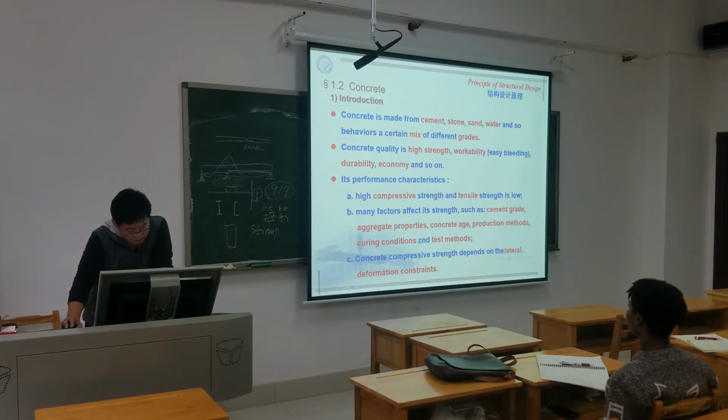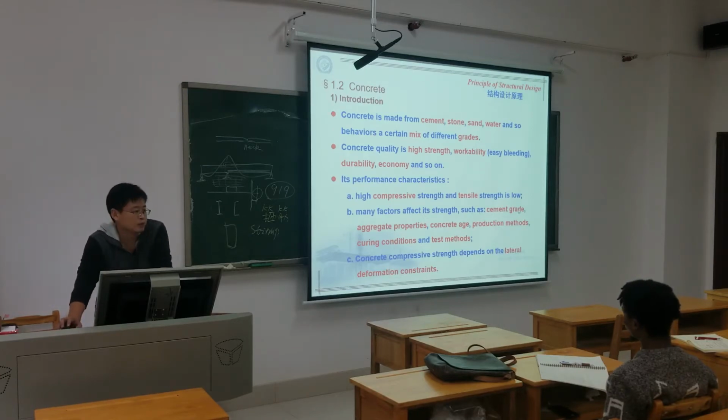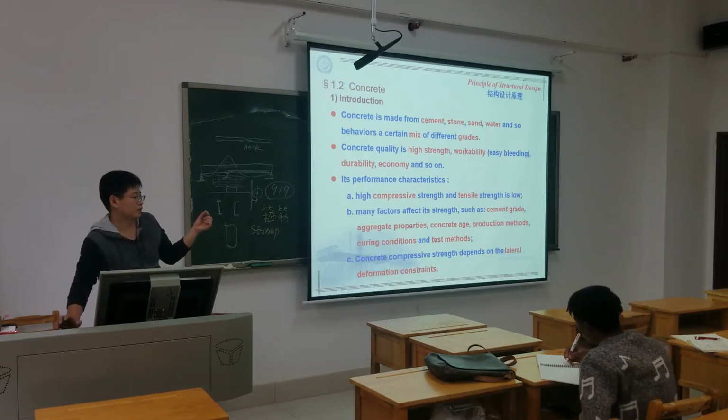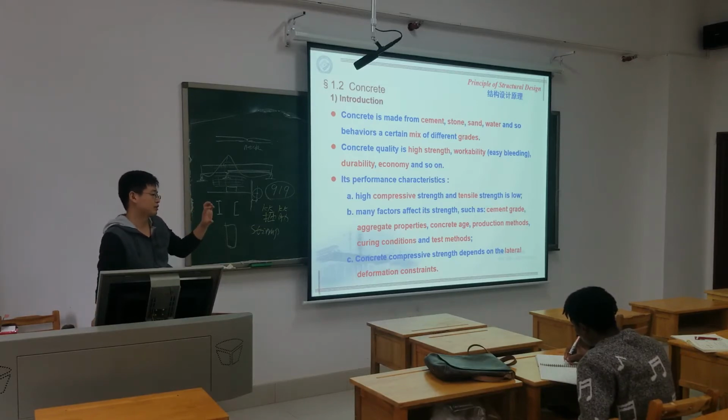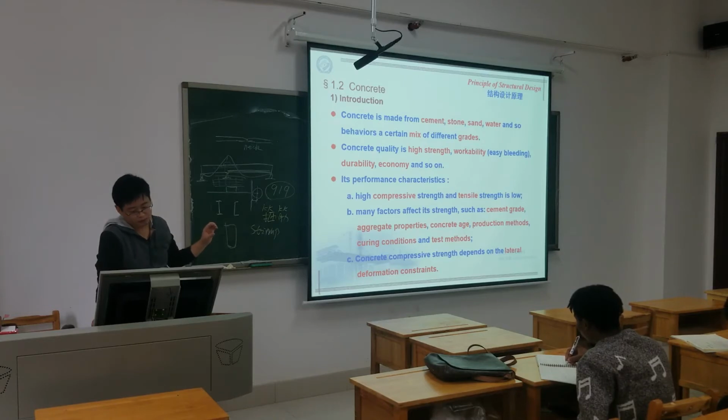Those things we have already introduced. But here, the manufacturing effect is strengthened, such as the cement grade. Not only concrete, but different types of cement. Cement grade has a great influence on the strength of the concrete.